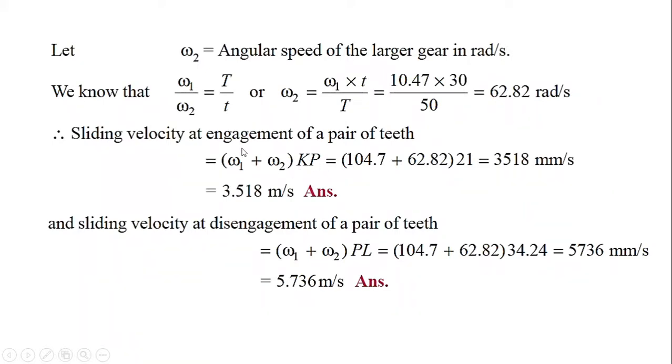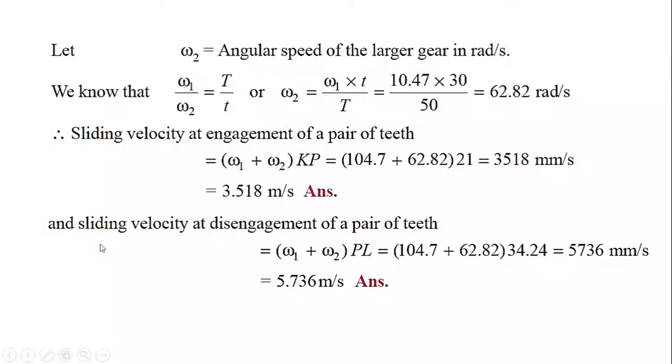At the point of engagement, why we are using Kp was already discussed in the tutorial 1 problems using that diagram. You go through that problem. Omega 1 plus omega 2 into Kp. Apply all the values and we will get the sliding velocity at the point of engagement as 3.518 meters per second.